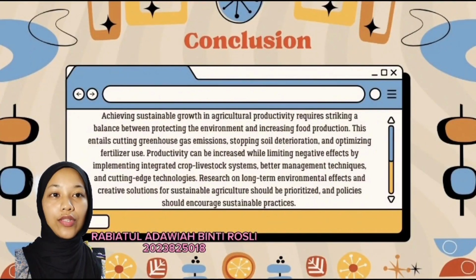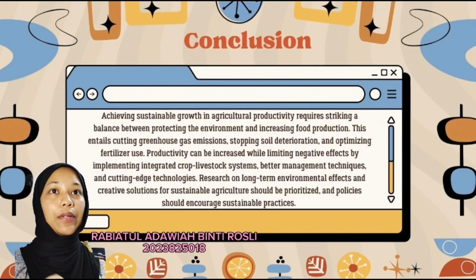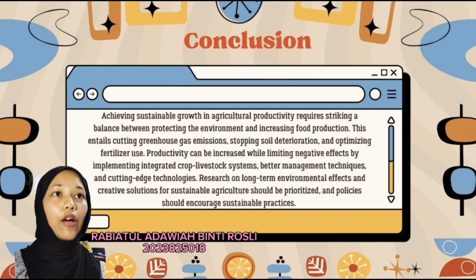So, in the conclusion, achieving sustainable growth in agricultural productivity requires striking a balance between protecting the environment and increasing food production. This entails cutting greenhouse gas emissions, stopping soil deterioration, and optimizing fertilizer use.